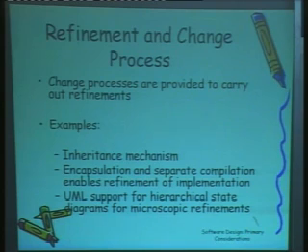These also depend on what are the abstractions that you use for your refinements. So the examples are inheritance mechanism, encapsulation, and separate compilation of different files, and you can refine independent components separately, or you can blow up your models and refine them from macroscopic to microscopic point of view.